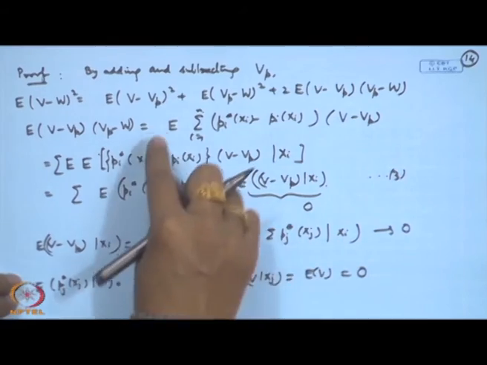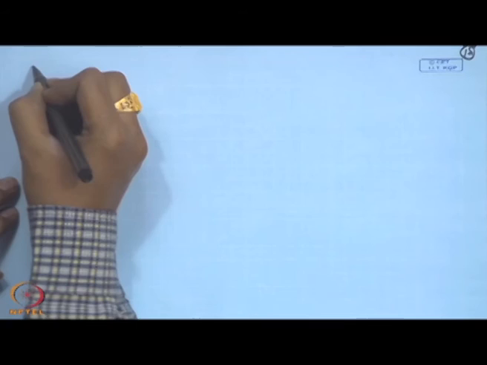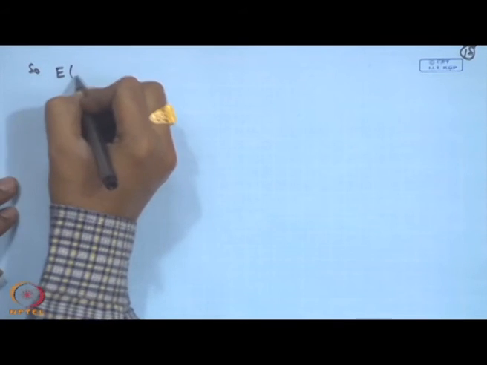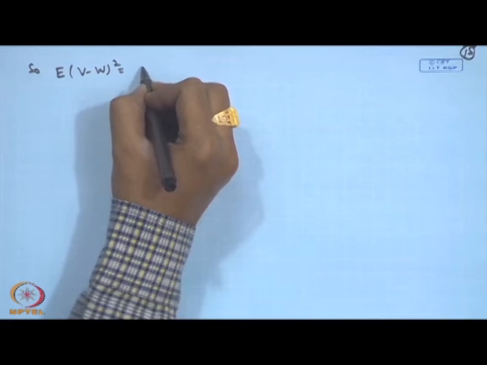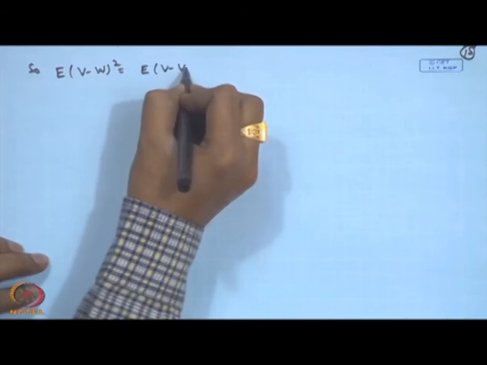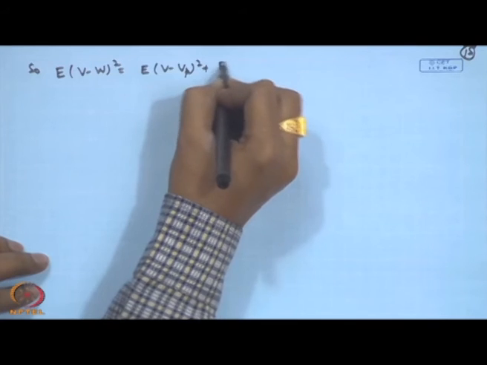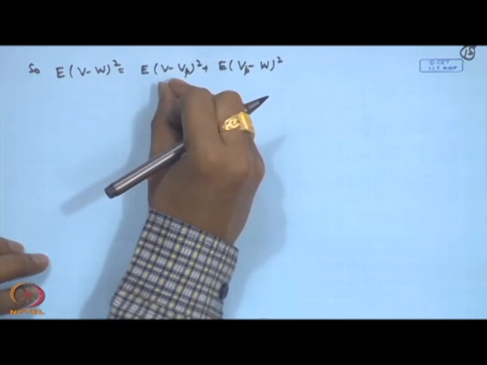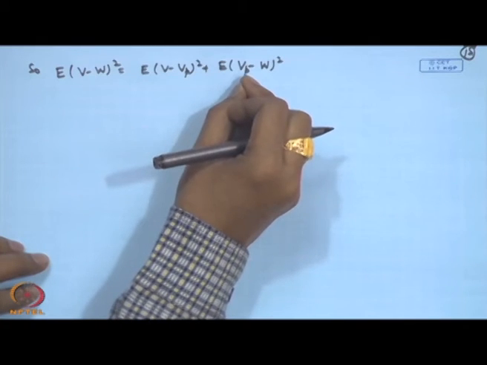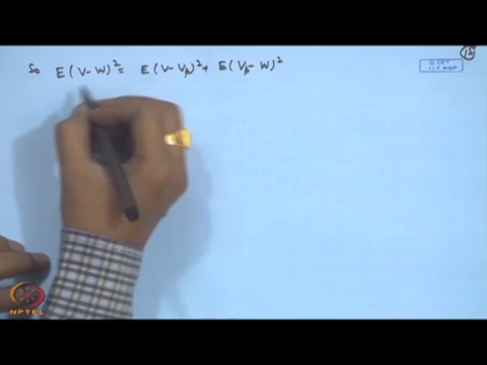So, what we are getting is that expectation of (V minus W) square is nothing but expectation of (V minus V_p) square plus expectation of (V_p minus W) square. That means, it is the sum of expectations of two non-negative terms.